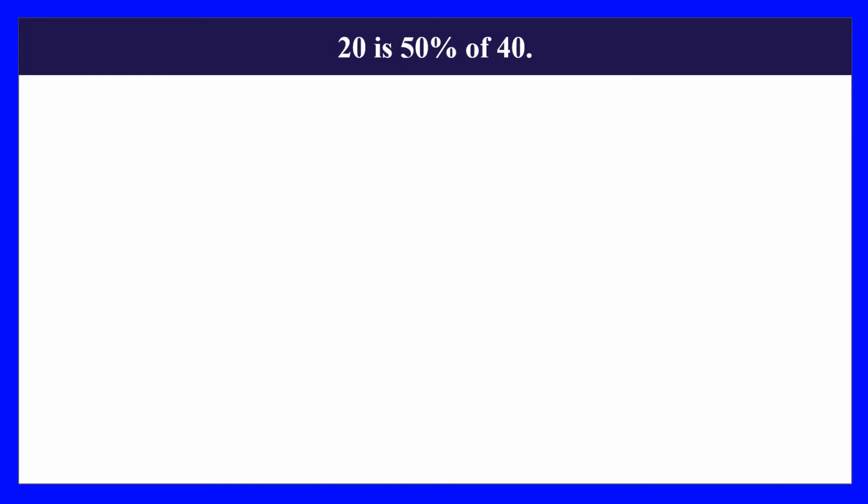20 is 50% of 40. So, in this example, 20 is P, or the percentage, rate is 50%, and then base is 40. Para malaman na saan yung rate, tandaan lang, ang rate ay yung may percent sign.